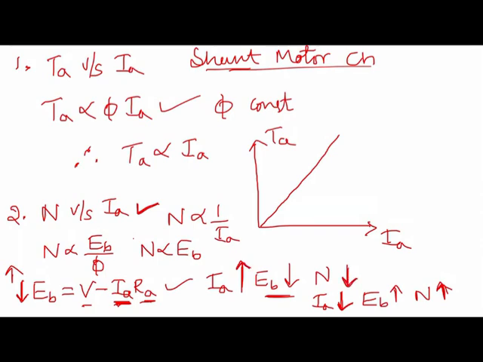If you plot the graph for this, we get the plot of speed with respect to the armature current. As IA increases, our speed should decrease, so your plot will be somewhat like this. It is decreasing. So this is the speed and armature current characteristic.